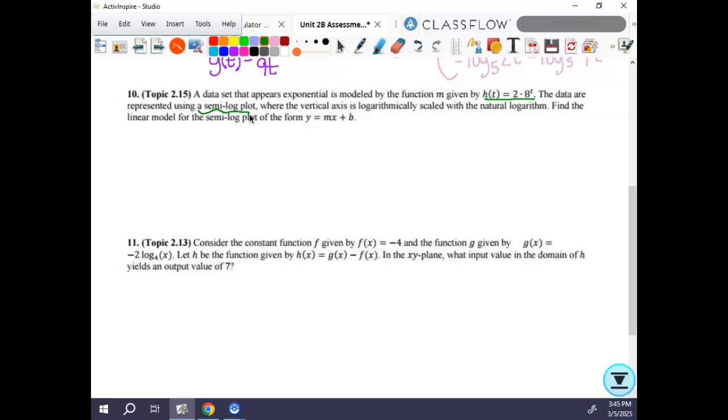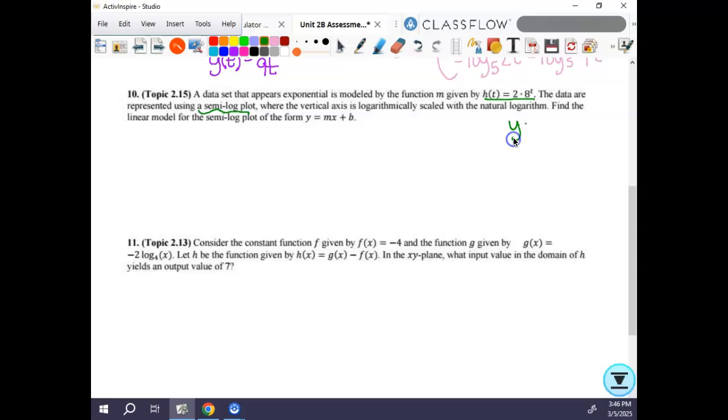Find the linear model for the semi-log plot in the form y equals mx plus b. All right, so we know that if we have exponential data, it appears linear on our semi-log plot. So remember that, okay? And it says to use y equals mx plus b.